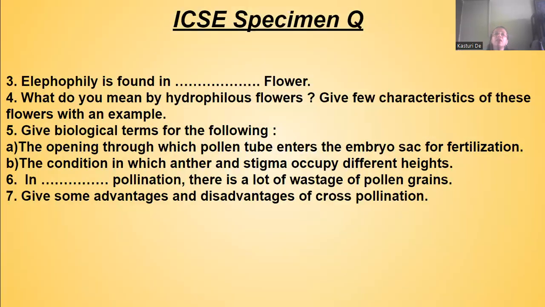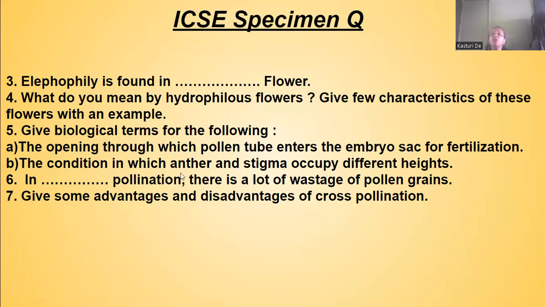Next, give the biological terms of the following. First, the opening through which the pollen tube enters the embryo sac for fertilization is known as micropyle.